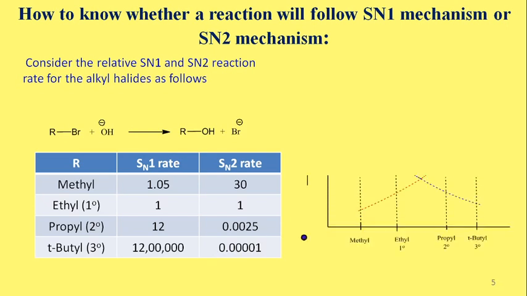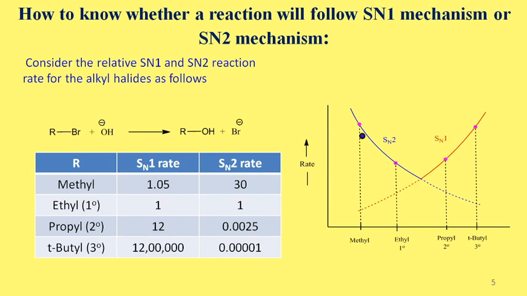Or if we say graphically, we clearly see that methyl and primary alkyl halides preferably react by the SN2 reaction, while secondary and generally tertiary halides preferably react by the SN1 mechanism.